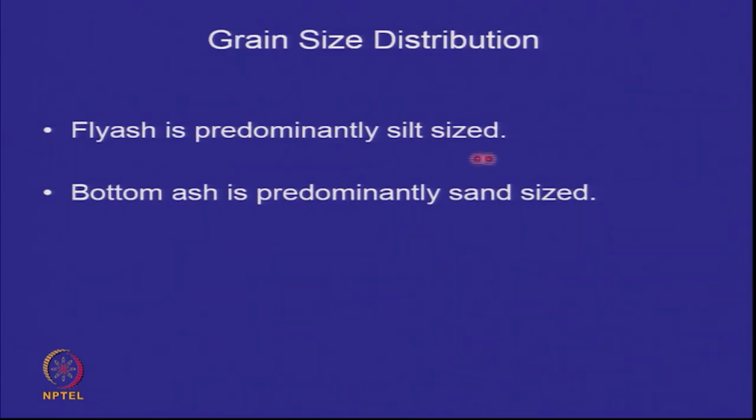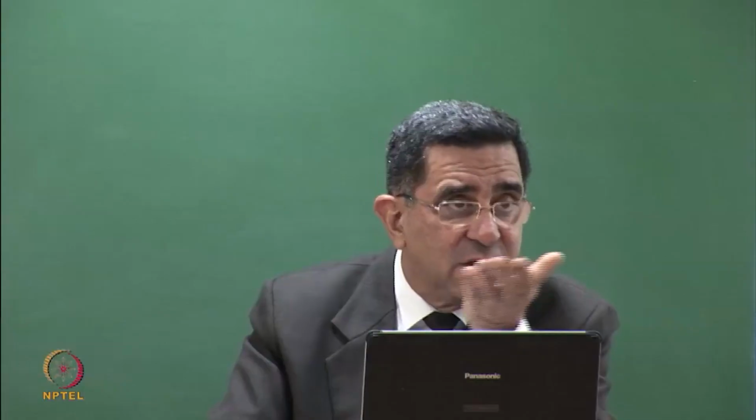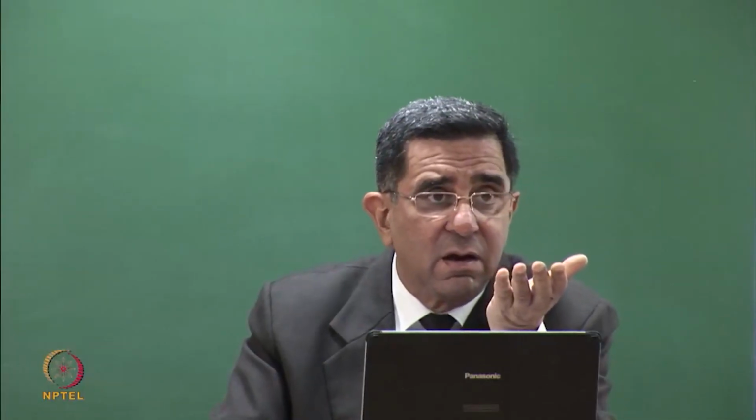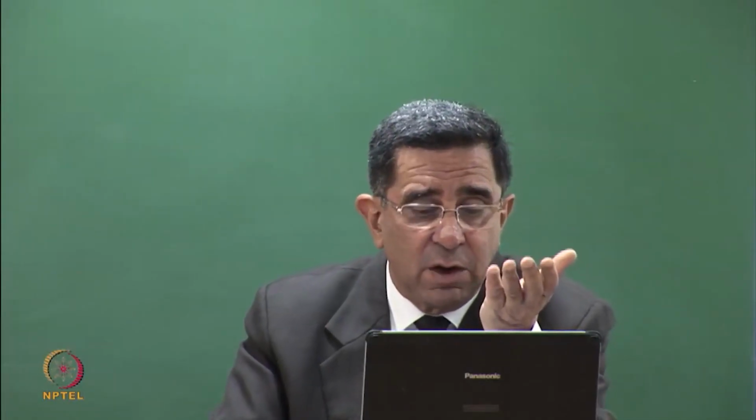Fly ash is predominantly silt sized, with some clay sized material. Bottom ash is predominantly sand sized, and depending on the screen through which it is coming, it can also have gravelly material. That means the screen or sieve beneath the clinker grinding unit at the bottom of the boiler.